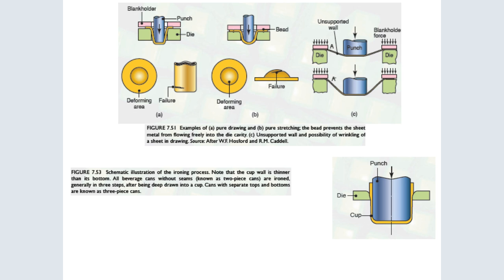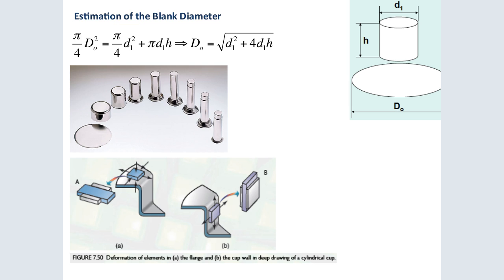You can see this now, some of the outfits that are the deforming area, the failure deforming area. Now we have the blank holder when they are separated, the bead, the support, and all the things that are needed to be formed. So admission of the blank diameter.